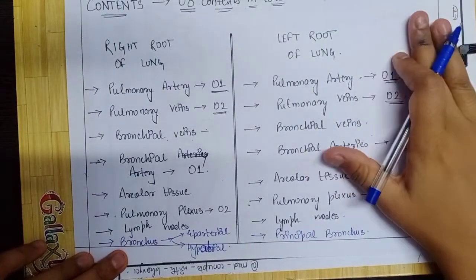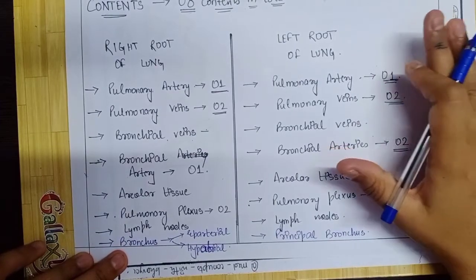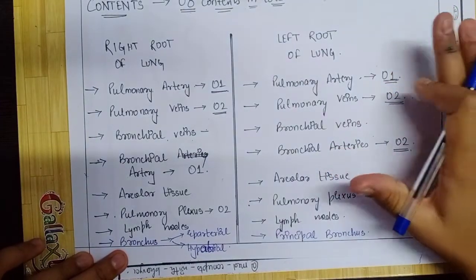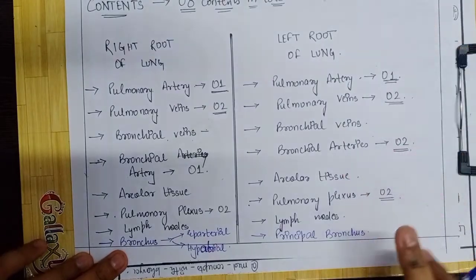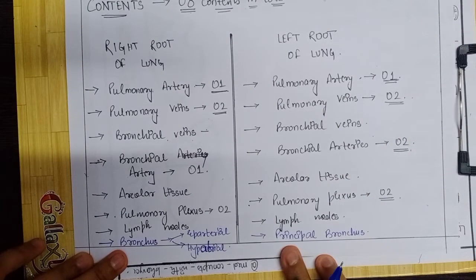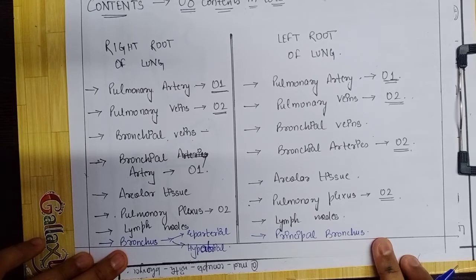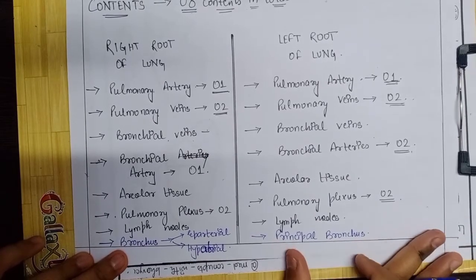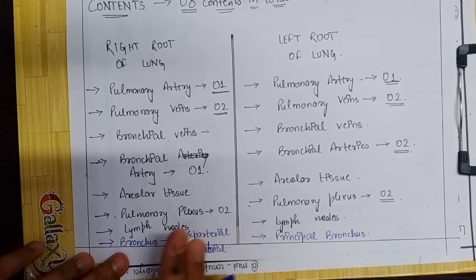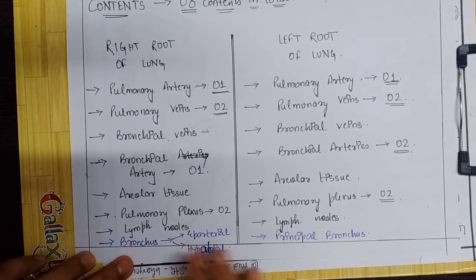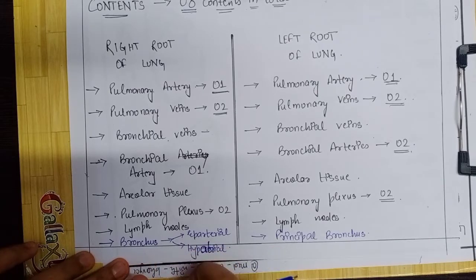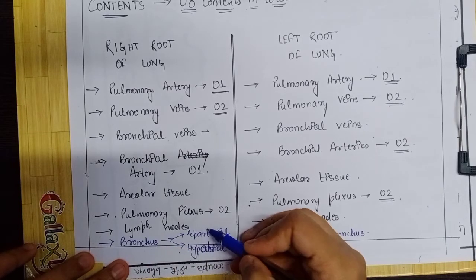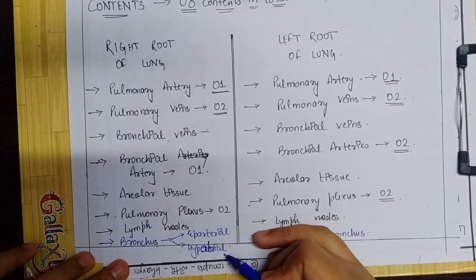On the left side, again I'm repeating, we have only one bronchus, which is known as the principal bronchus of the left root of the lung. Similarly, this is one bronchus. Now when we go to the right, since I told you they are not similar, the dissimilar thing is that on the right root of the lung we have two bronchus which are known as eparterial and hyparterial.